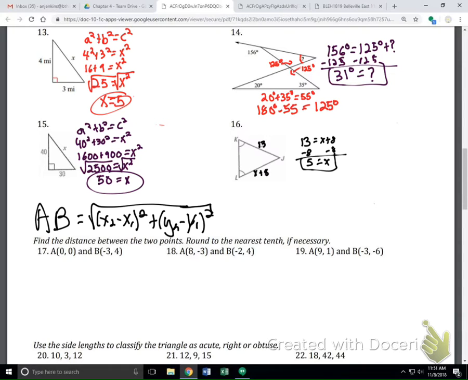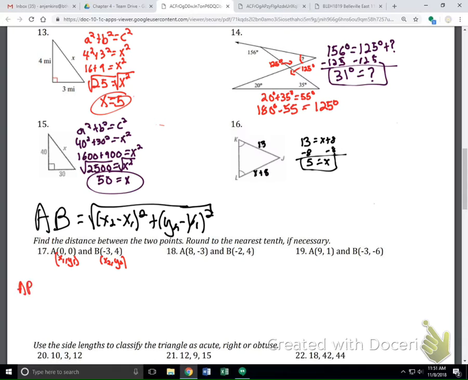Using this, we now just have to tell which of these coordinates are x1, y1 and which are x2, y2. Now we're just going to substitute it into that formula.